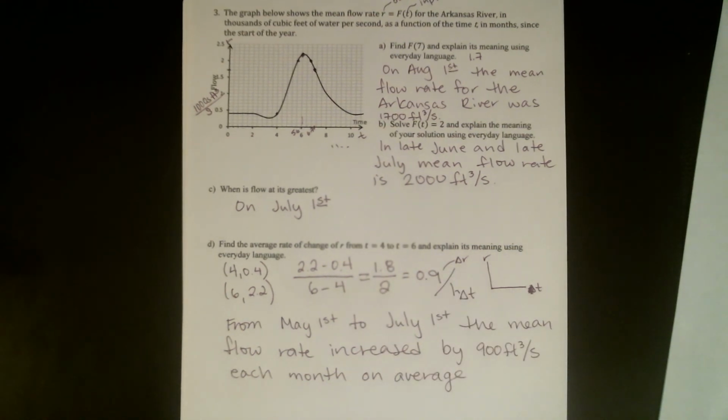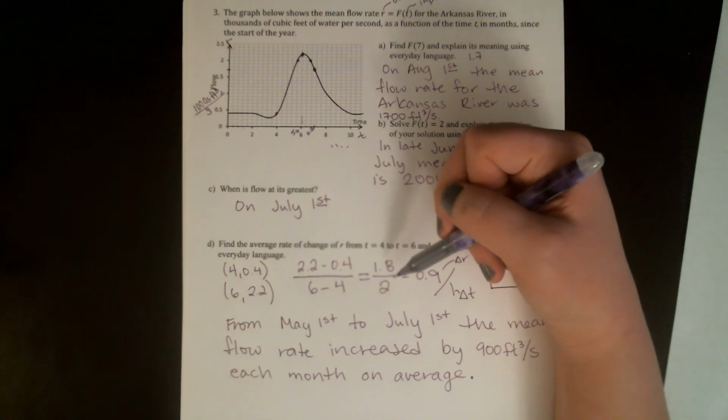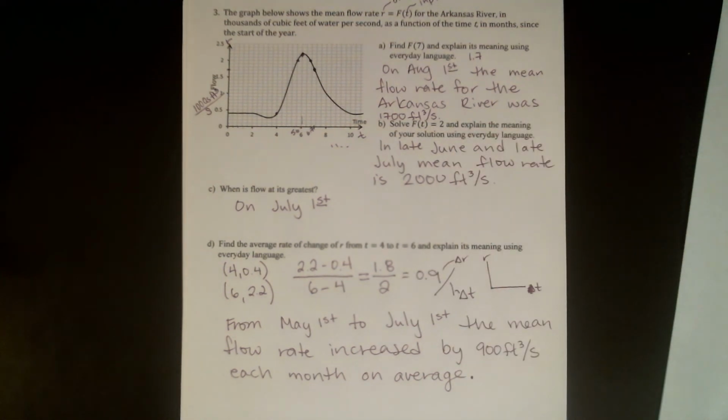So from May 1st to June 1st, it increased by about 900 cubic feet per second, and then from June 1st to July 1st, it did the same. Again, not exactly that, that's an average. Basically, it increased by 1,800 cubic feet per second in 2 months, so we average that out, and this is what we get. All right, that's the end of this one.